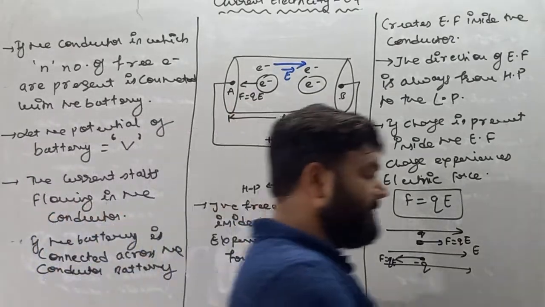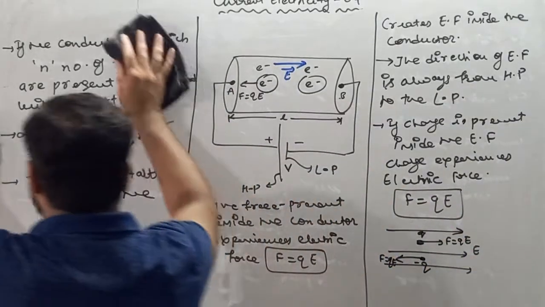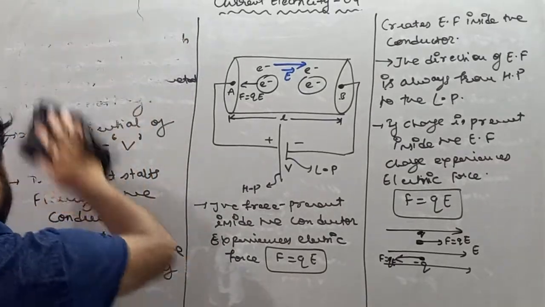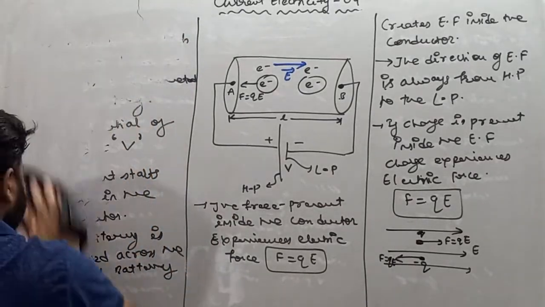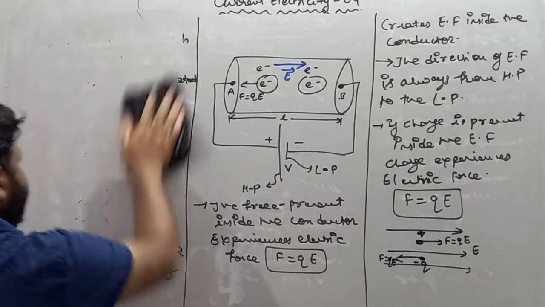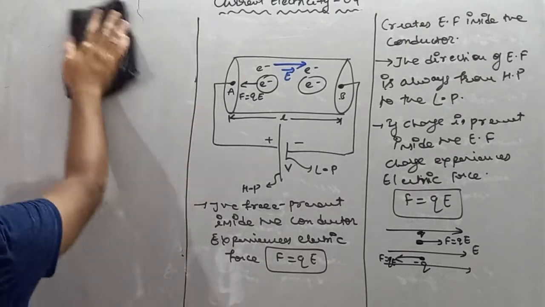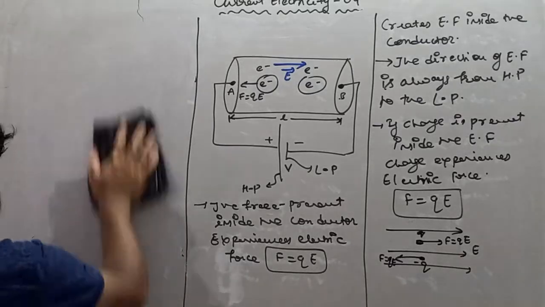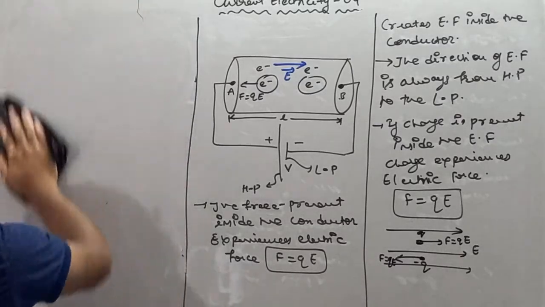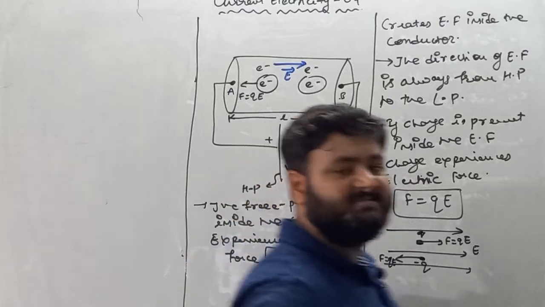So moving forward, my dear student, next step: steps are clear. After connecting the battery, current starts flowing inside the conductor. Step 1, the battery creates electric field inside the conductor. Due to that electric field, the free electrons present inside the conductor experience force.